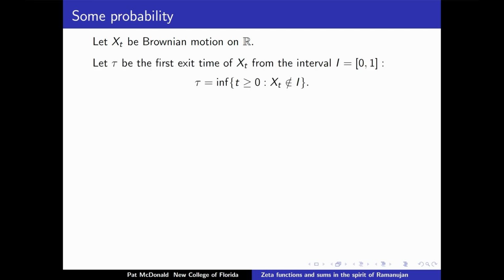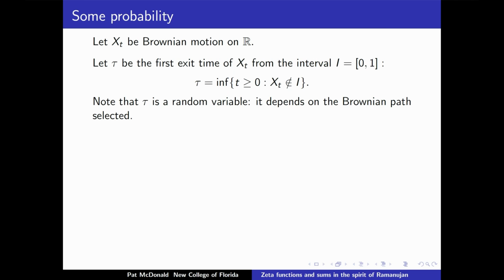I'm going to let tau be the first time that Brownian motion exits the unit interval. So I start Brownian motion at some point in the interval, and I track it until it hits. I record that time. That's a random variable. It depends on the Brownian path that I happen to be looking at.